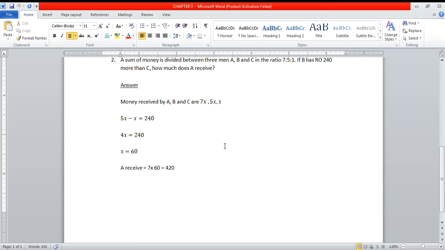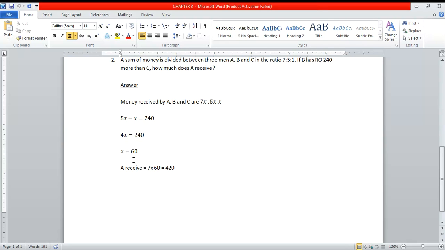But it is given that B has 240 Oman Riyal more than C. We know that the amount of money with B equals 5x and the amount of money with C equals x.